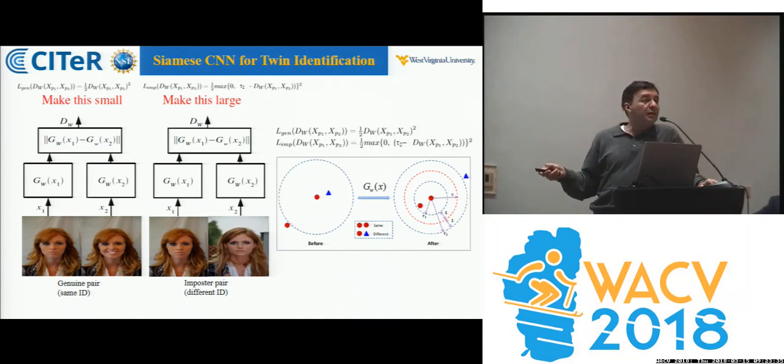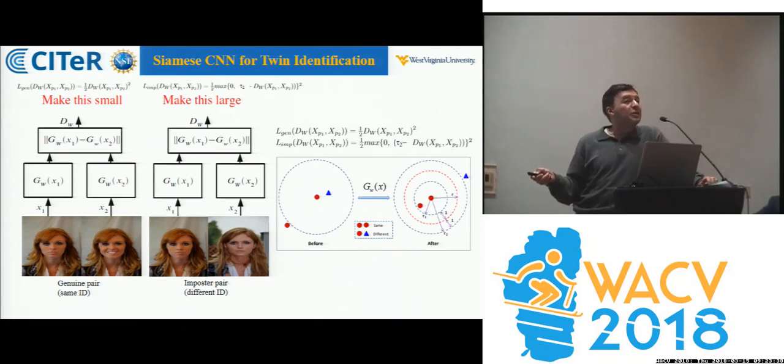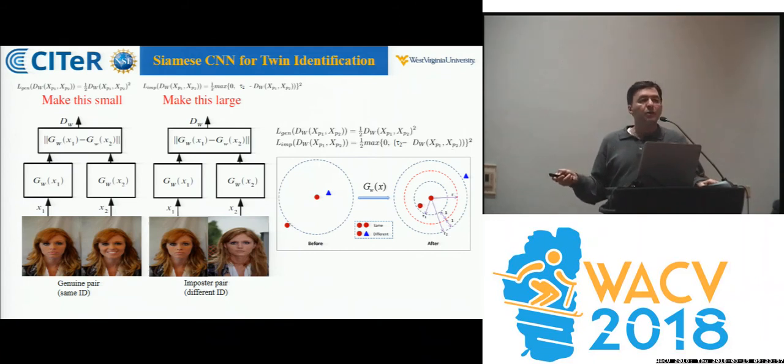Basically, this is very similar to work that has been done previously using Siamese convolutional neural networks. And the Siamese network is not new again. It has been used for many other applications, such as signature recognition, genuine signature or imposter, and also for dimensionality reduction and so on, and also metric learning.